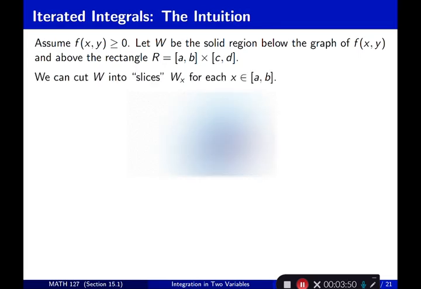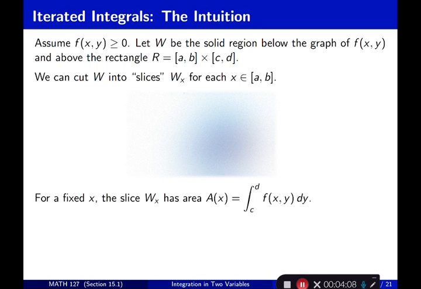Now we can cut W into slices, Wx for every x in [a, b]. Look at this slice, it's sitting alongside the y-axis. You can compute the area of that thin slice, which has infinitesimal width, and then multiply the area by the infinitesimal width.